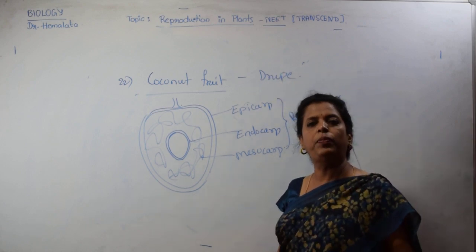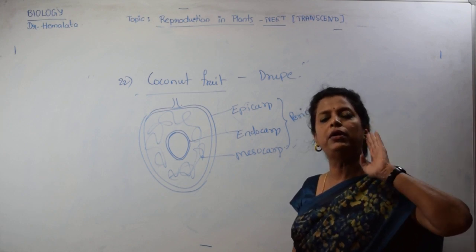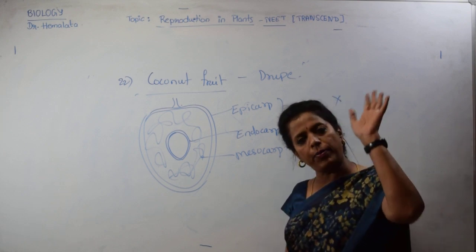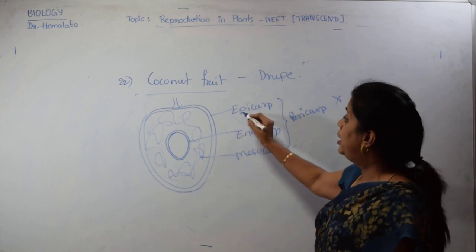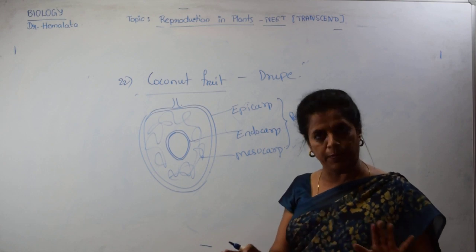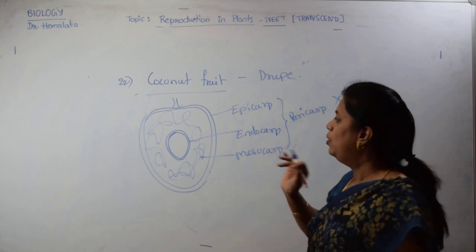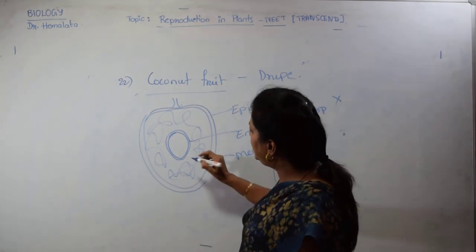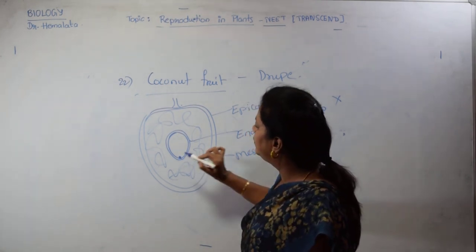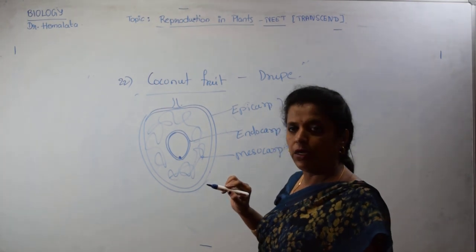But in another drupe example we have learnt, mango, the epicarp, mesocarp and endocarp are all edible. In coconut, the epicarp, mesocarp and endocarp are all not edible. Then what is there inside? Inside this there is a small seed, or the embryo.